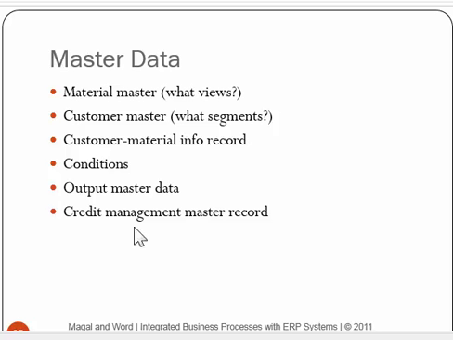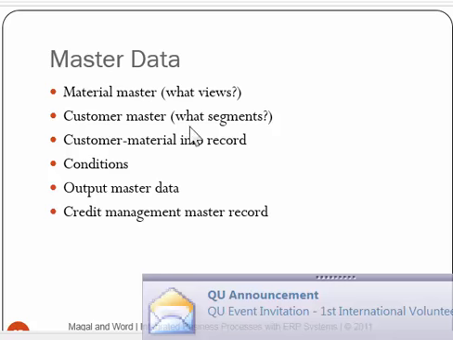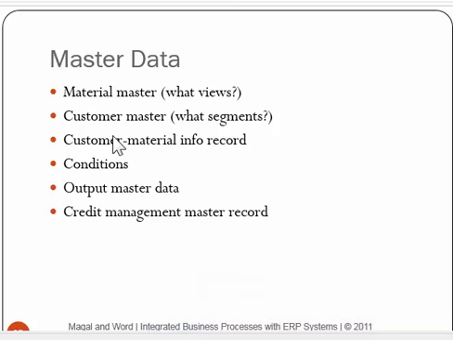And we have the credit management master record. What is the credit management master record? What did we say about the central area that is responsible for credit management? They control how much credit each customer will get.